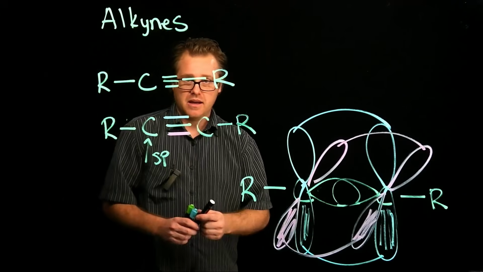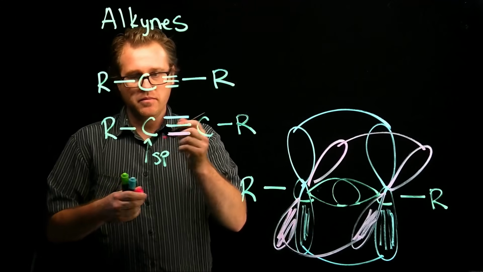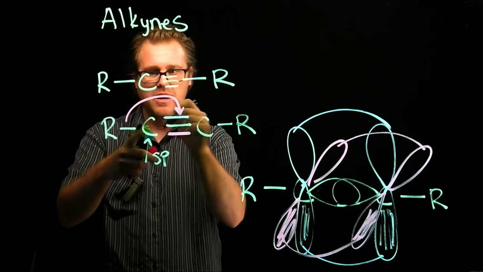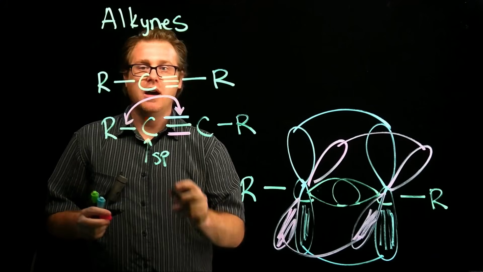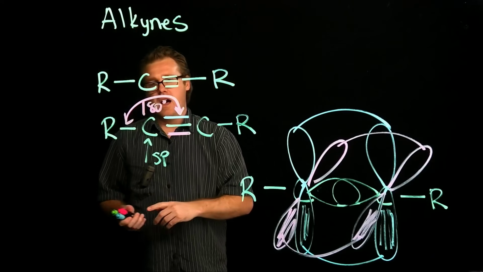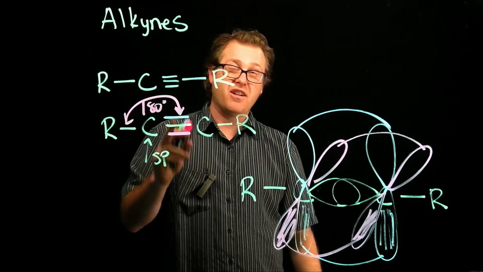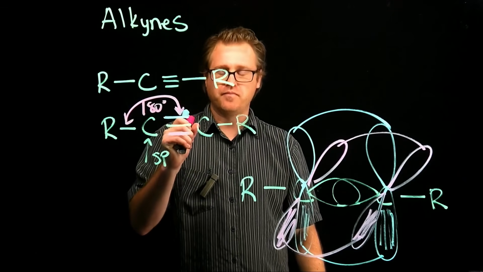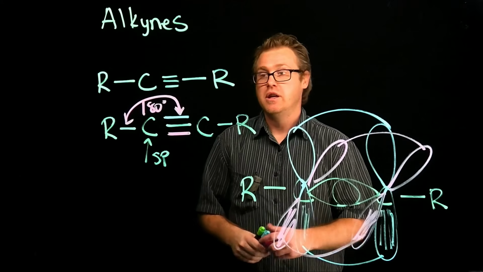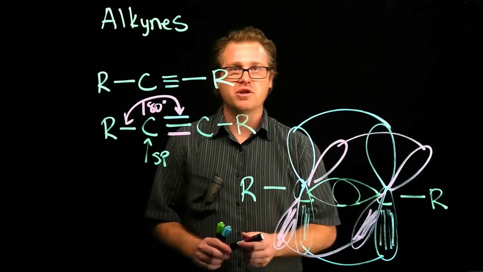Now, because these two carbons are sp hybridized, you see the bond angle between the two? When we look at the central carbon here, that bond angle is 180 degrees. And at 180 degrees, there are very few exceptions to this rule: you cannot incorporate an alkyne into a ring structure.